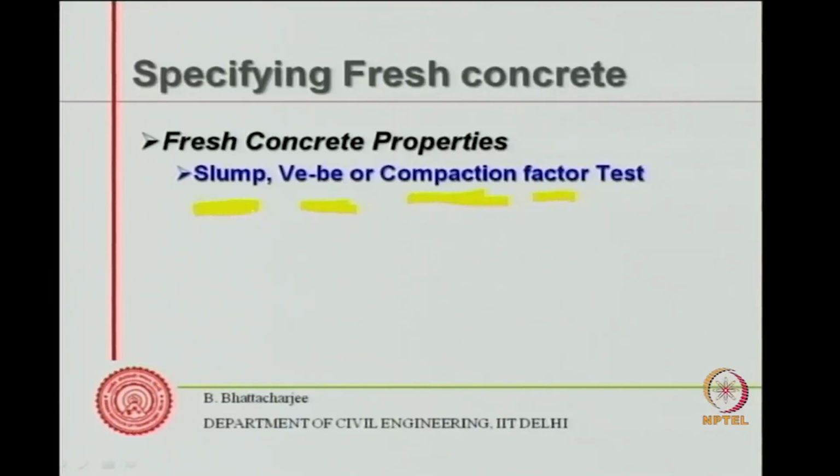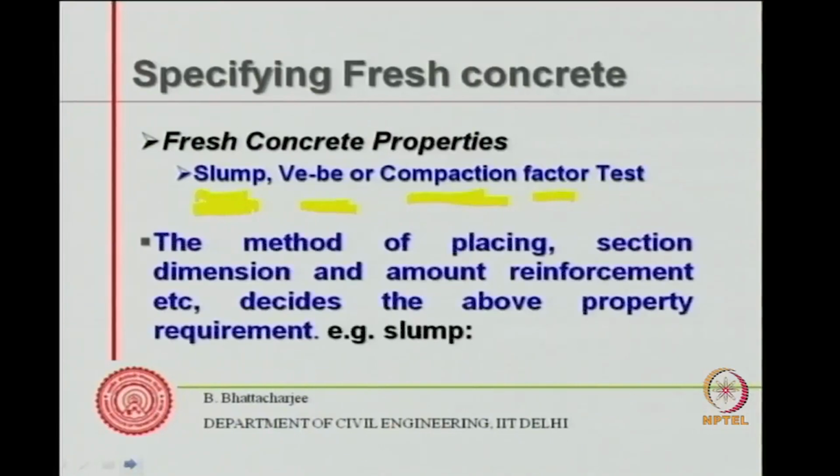But the commonly adopted one is the slump. So we specify fresh concrete properties in terms of a property called slump. And what is slump, we'll come to it in our next module when we talk about fresh concrete in more detail.